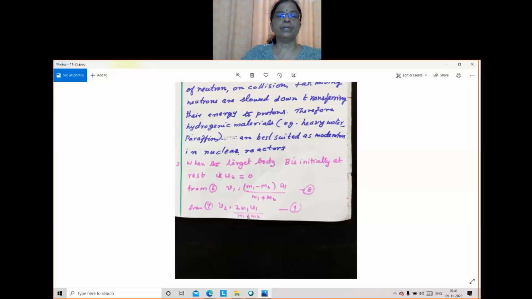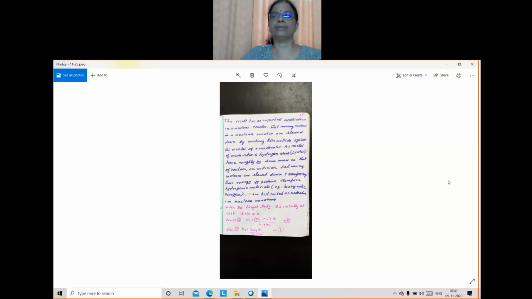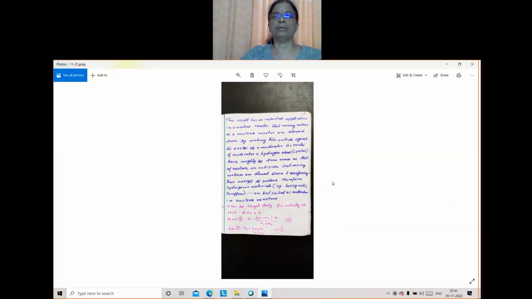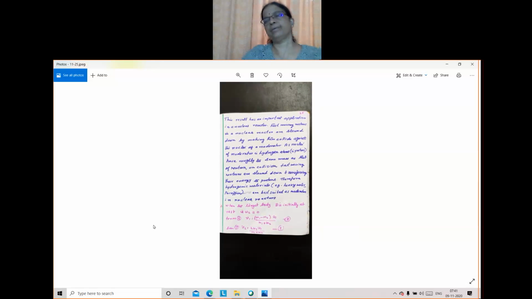Then V2 equals 2M1U1 by M1 plus M2. M2 we can ignore, so 2M1 by M1, M1 cancels, giving 2U1. So V2, that means the auto rickshaw's velocity, becomes double the velocity.